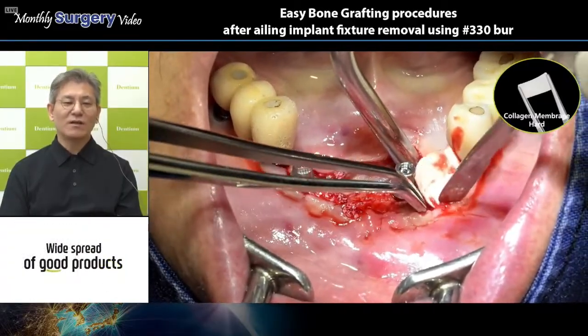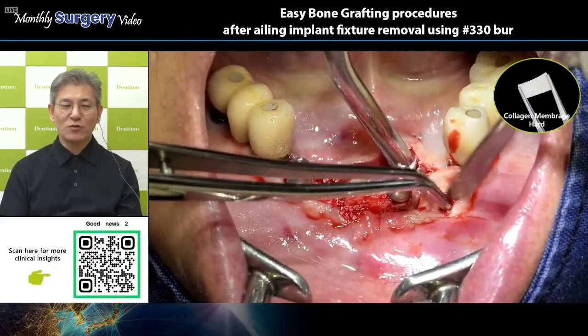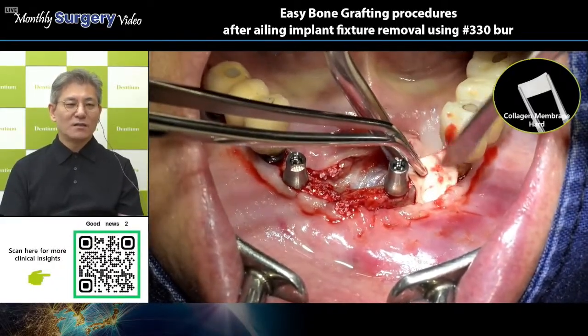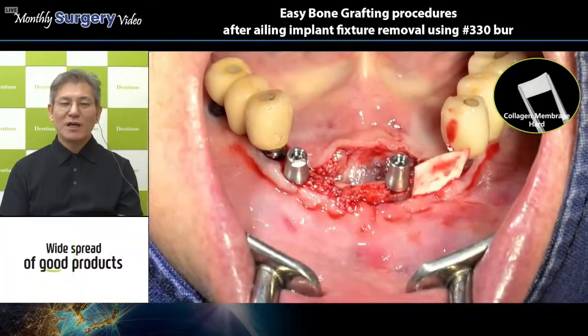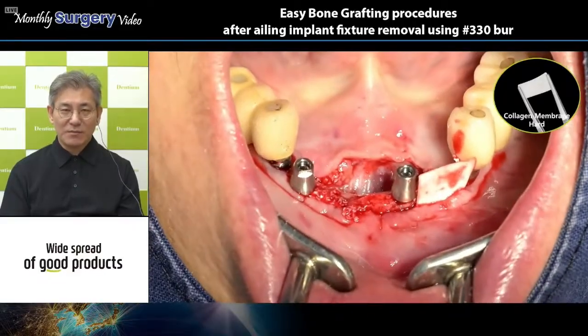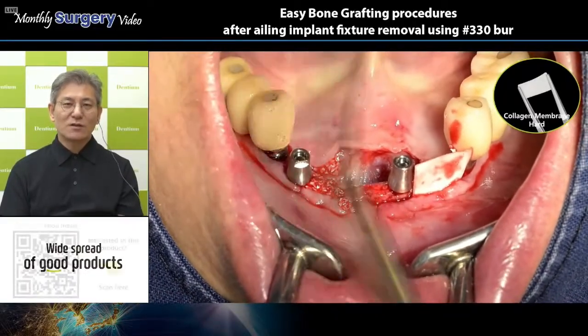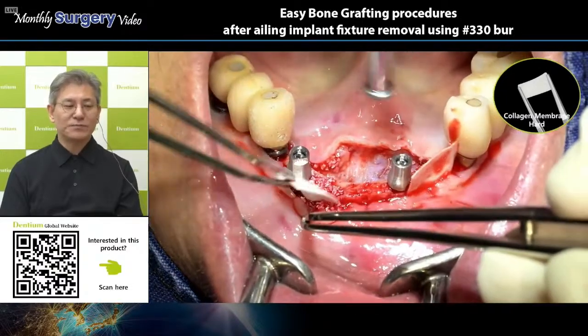This contained 3-wall defect is a good situation to make new bone. So in this sort of case, the particulated bone with the collagen membrane as a barrier membrane is a good combination. Very nice combo.